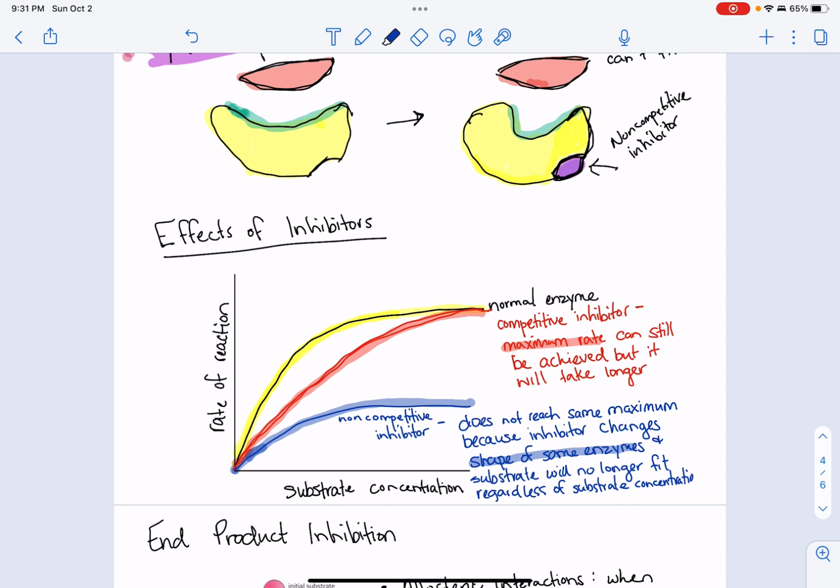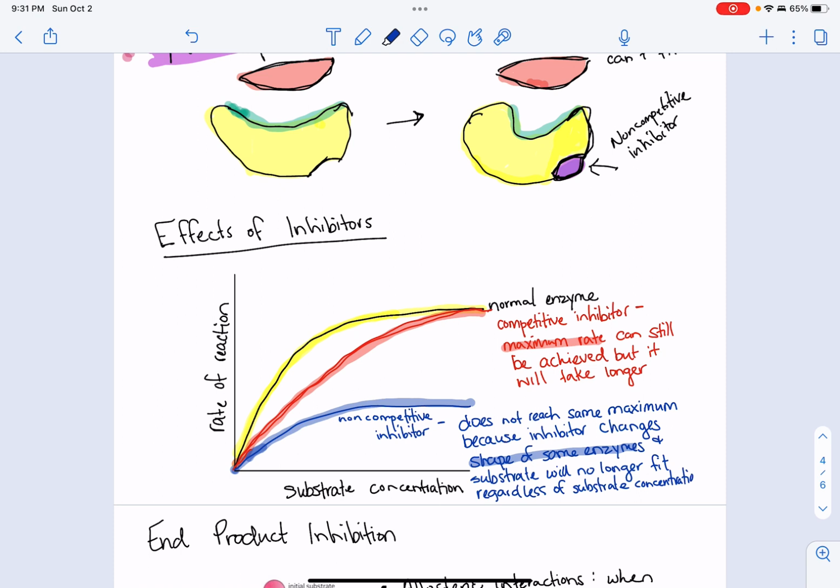There could be tons and tons of substrate, but if the substrate can no longer fit in the enzyme, well, it's not going to be able to reach that maximum rate, like with the competitive inhibitor.